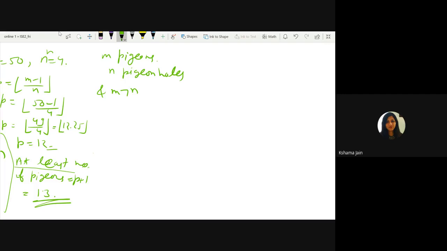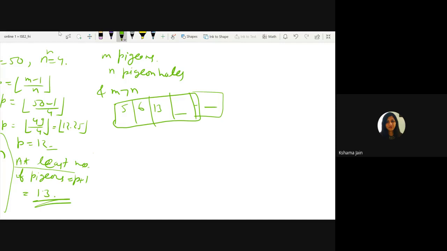Now read this line and tell me what you are getting. They are not talking about the at least number of pigeons. They are saying at least one pigeonhole would be there. For example, 5 pigeons I put here, 6 pigeons here, 13 here, and the rest are blanks. We are not counting which pigeonhole has the least number of pigeons.